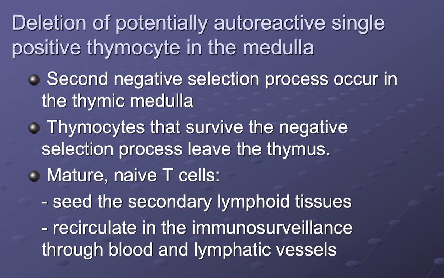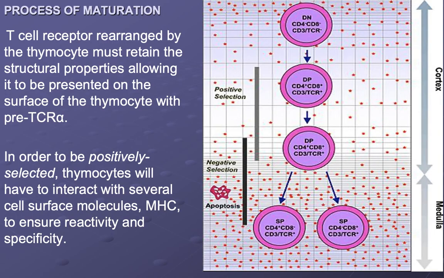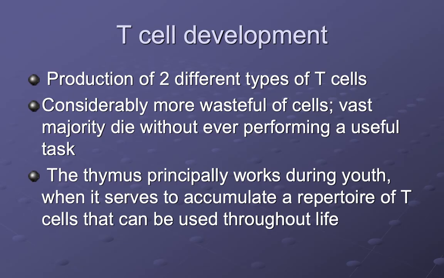So in summary, T cell development results in the production of two different types of T cells, effector, helper, and cytotoxic, based on CD4, CD8 absence or presence. The development process is considerably wasteful, medyo very requiring siya.